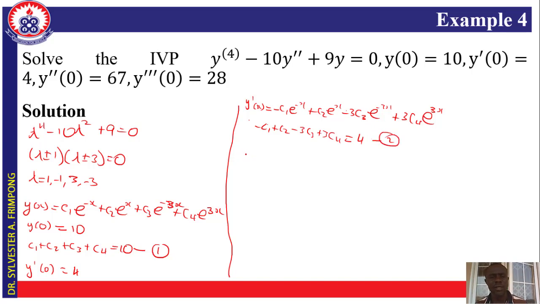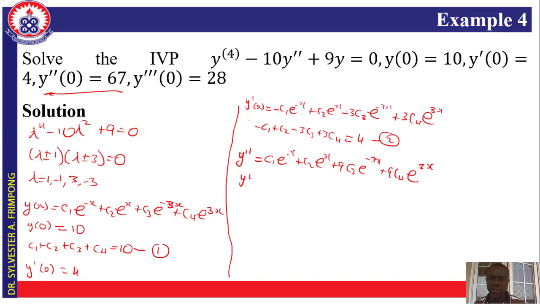Then we have another initial condition, which is y double prime. That means you need to take the second derivative. So we go back and take the second derivative, y double prime. That will give us c1 e raised to the power negative x plus c2 e raised to the power x plus 9c3 e raised to the power negative 3x plus 9c4 e raised to the power 3x.